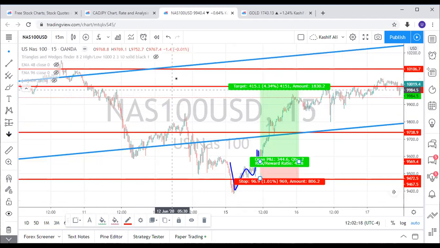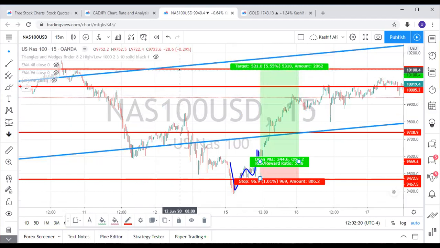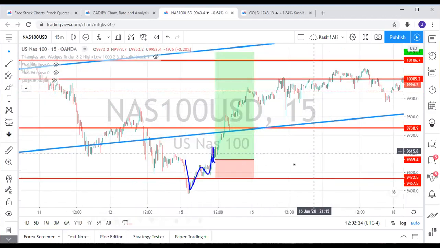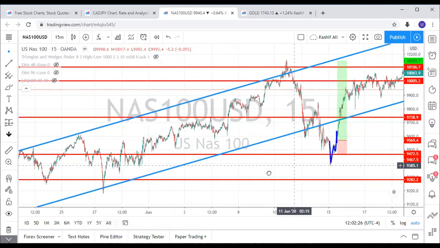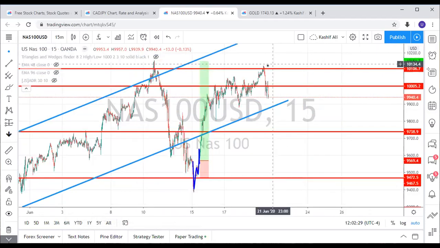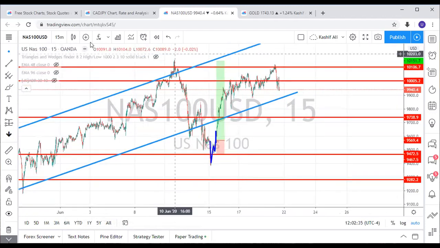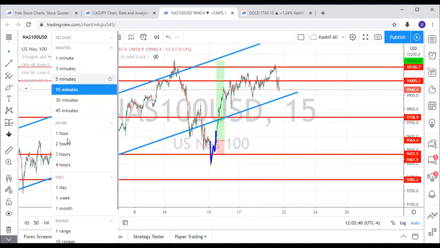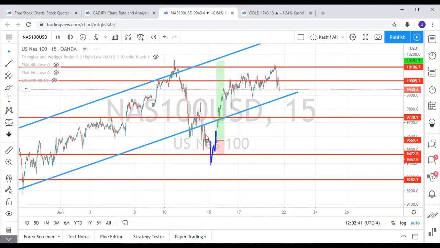If you have patience, you can go to the end of the channel, to the top. So this happened, by the way. See, almost it reached here, 10128, and I am thinking with the current stimulus it will cross. Let me have a look at the 1 hour channel. What 1 hour?